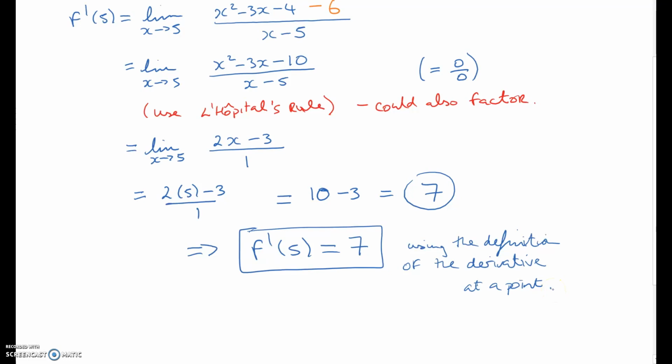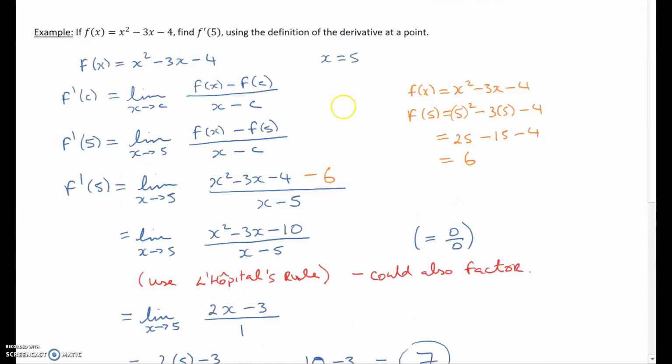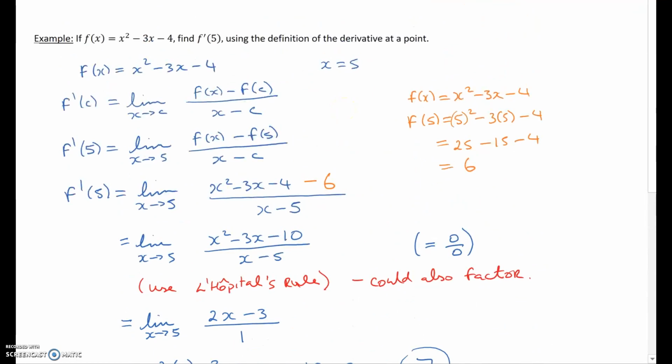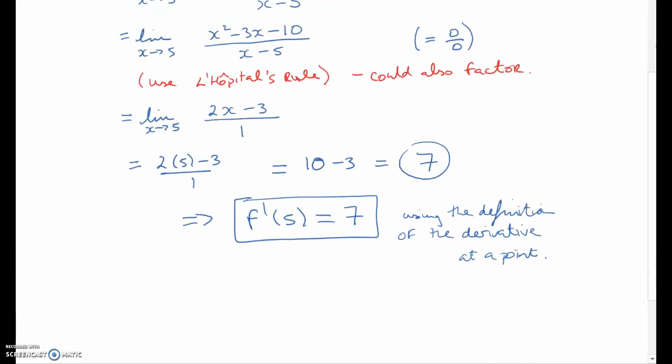So let's go back and try this problem now using shortcuts. Let's scroll down here for a second to see what the problem was. It was if f of x equals x squared minus 3x minus 4, find f prime of 5 using the definition of the derivative. Well, now let's use the traditional method of the shortcut.